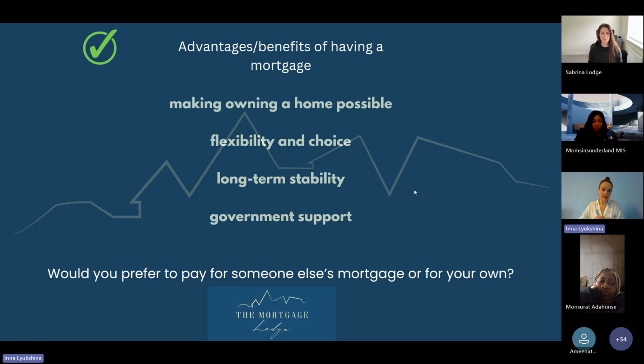Yes, there are lenders that will be happy to take such a little deposit. They may be a little bit stricter on their criteria, on affordability and other requirements, but the options are there. I placed quite a few of my clients with various lenders where they were only required to provide a 5% deposit. It made it possible for them to get on the property ladder. So the opportunity is there.